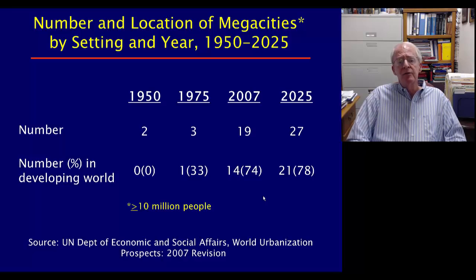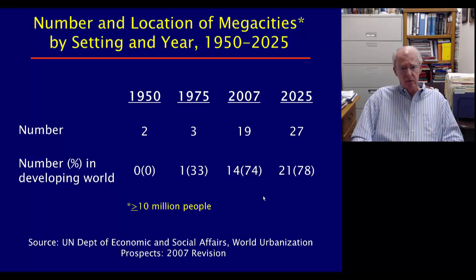At the same time, we've seen a dramatic increase in the number and location of these megacities. Megacities are urban agglomerations of 10 million or more people, often with urban slums and peri-urban slums surrounding them. In 1950, there were only 2 of these, and both were in the developed world. By 1975, there was just 1 more, and it was located in the developing world.